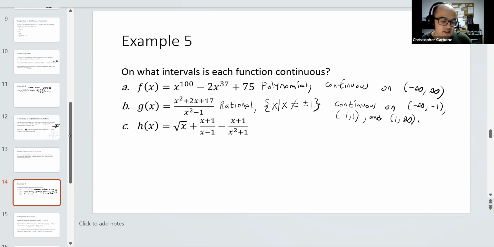And then finally, h of x is equal to the square root of x plus 1 divided by x minus 1, minus x plus 1 divided by x squared plus 1. Since we have 3 different parts, for the square root of x, the domain is from 0 to infinity.